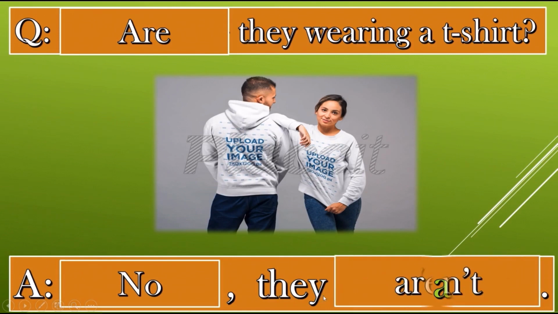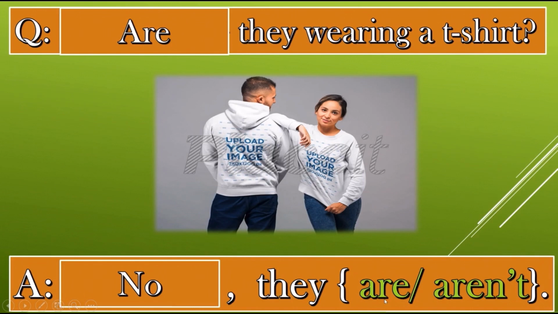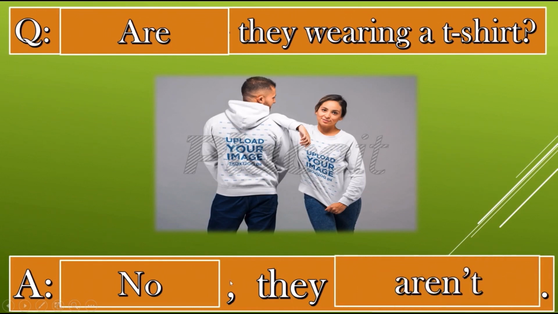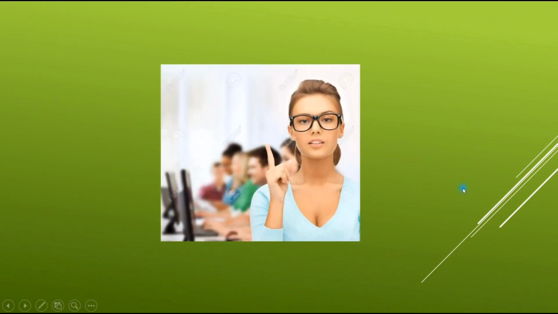They are wearing a sweatshirt. So, no, they aren't. The answer there is negative. It's aren't. Why? Because here we answer no. The answer no, the verb to be is aren't. It's in a negative form. Therefore, everybody read, are they wearing a t-shirt? No, they aren't.